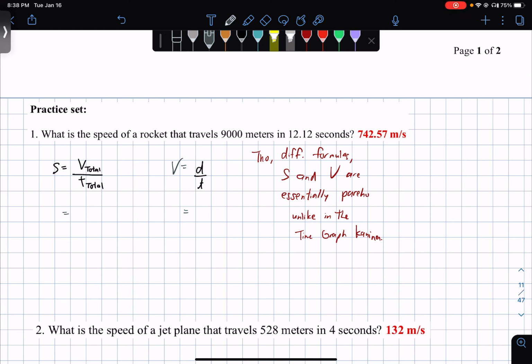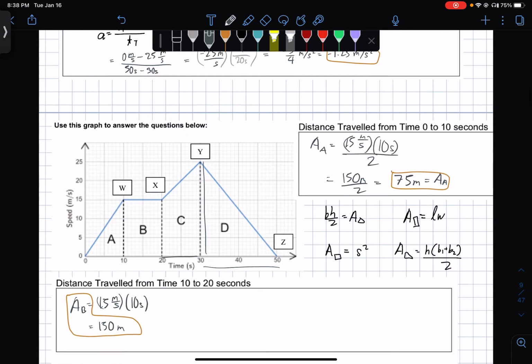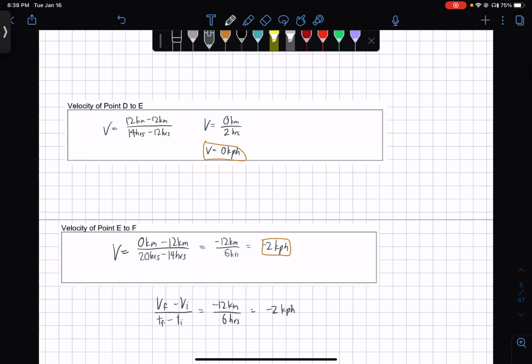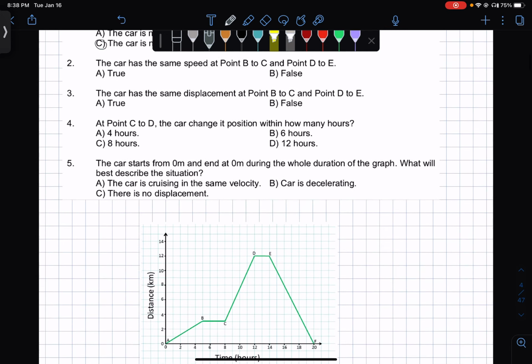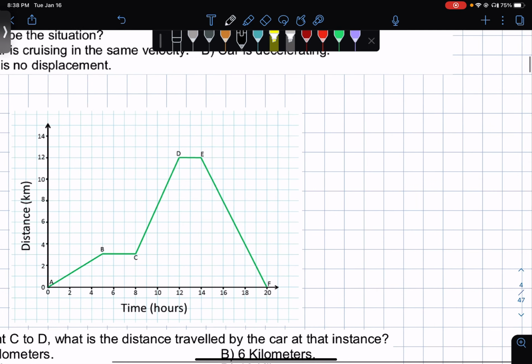I mentioned the solving of certain questions relevant to the distance time graph, which is this. And I've also mentioned the distinction between the value for speed and velocity regarding the distance time graph, if you're measuring from the start of the journey until the end of the journey.